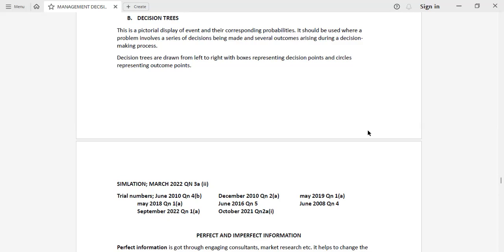So we are going to have what we call the boxes. And those boxes are going to be showing decision points. In other words, which decisions the decision maker wants to undertake.